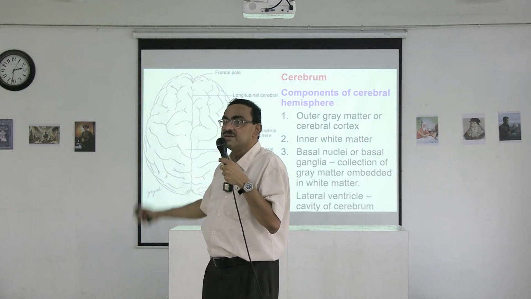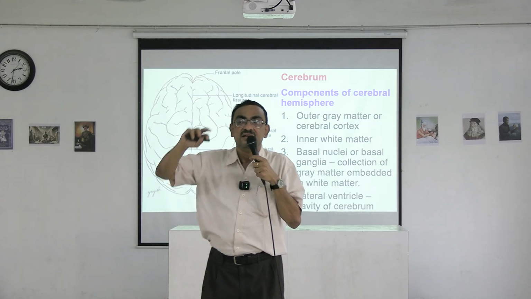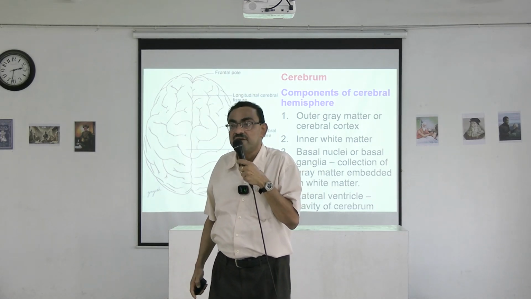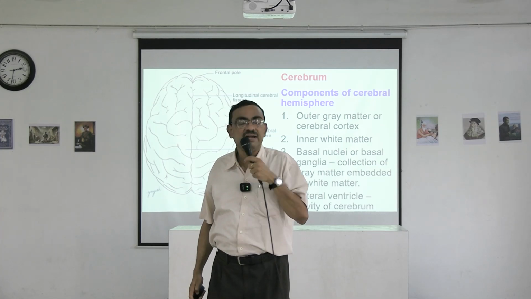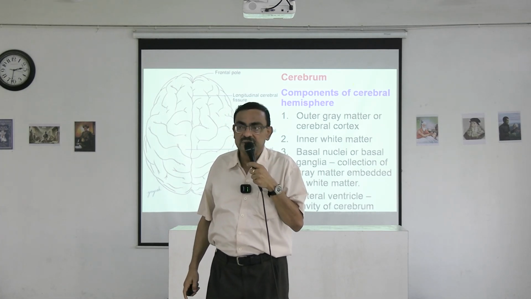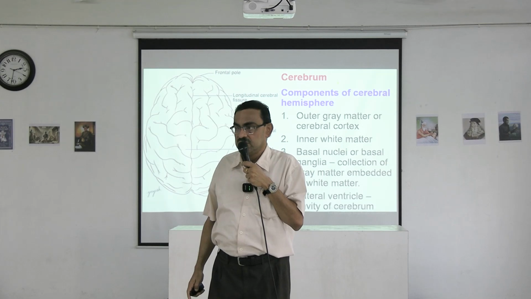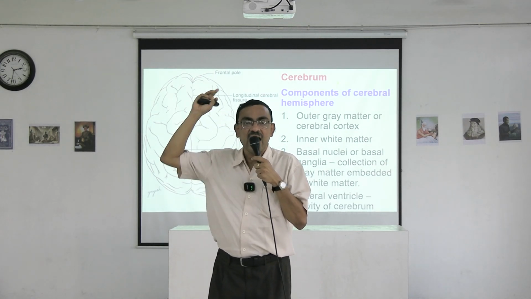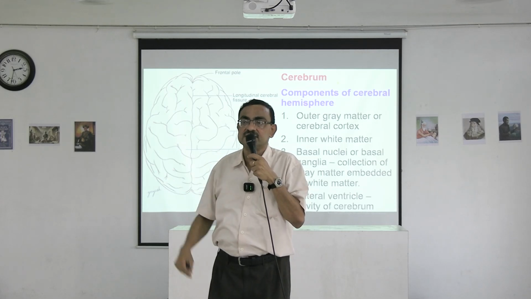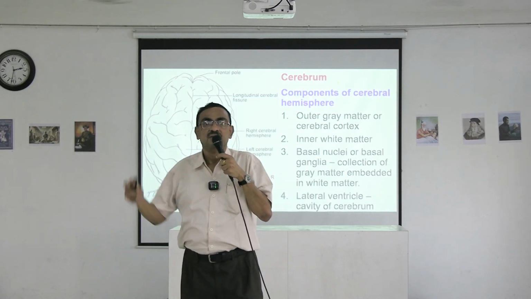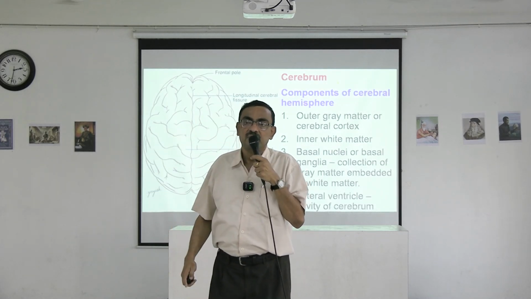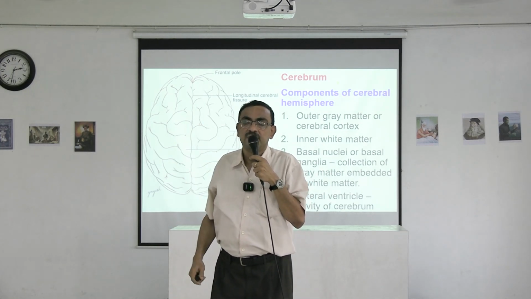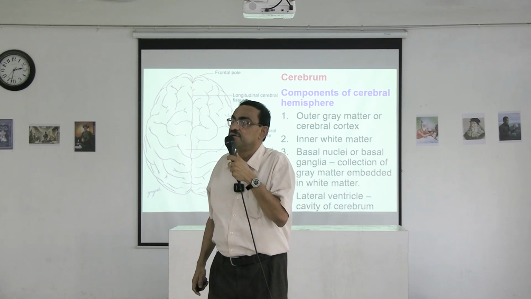So this cerebrum is also called the telencephalon, and thalamus is called diencephalon. So telencephalon, that means cerebrum, and diencephalon, that is the thalamus, as a whole create the prosencephalon.